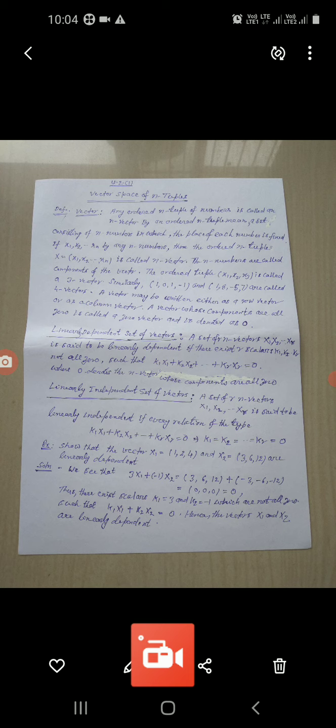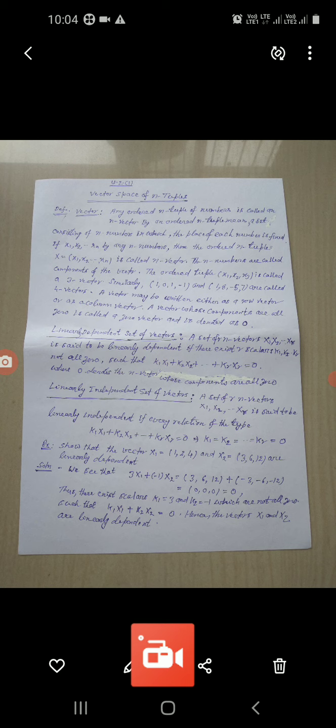A vector whose components are all 0 is called a zero vector and is denoted as O. Means a vector whose all the components are 0 is called a zero vector.